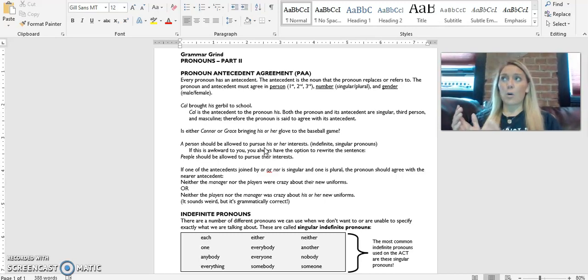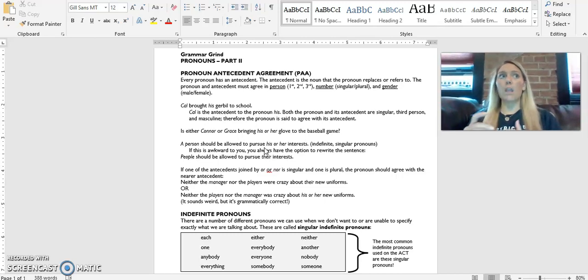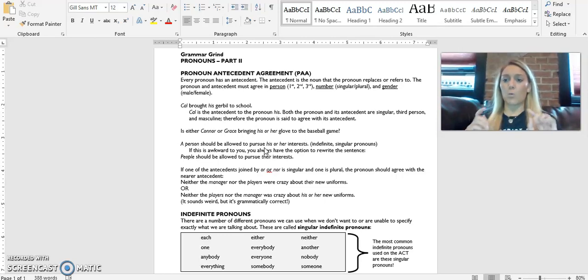Okay? In the corporate world today, or in the business world today, when you're writing contracts, or companies are pushing out an email to all of their employees, or they're addressing their employees, oftentimes companies will actually get this pronoun antecedent agreement wrong on purpose so that they can be politically correct.